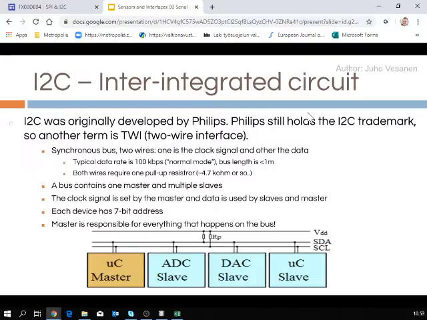Then another bus, I2C. So actually, that number 2 is an exponent. So it's I-squared-C, Inter-Integrated Circuit bus, developed by Philips, a Dutch company.